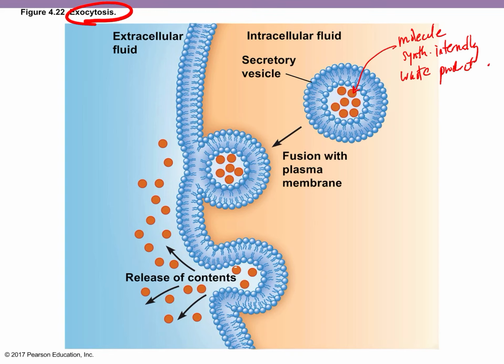But whatever it is, the cell wants to move it out and push it out into the extracellular fluid. Again, these could be hormone molecules, they could be enzymes, or they could be waste products. So the secretory vesicle, right now it's called a secretory vesicle because it's going to secrete whatever the contents are, will just come up and fuse with the plasma membrane, and we can see the release of contents after it fuses.